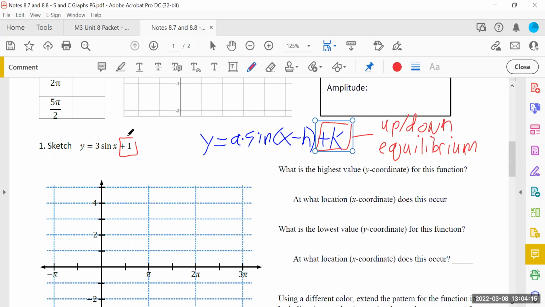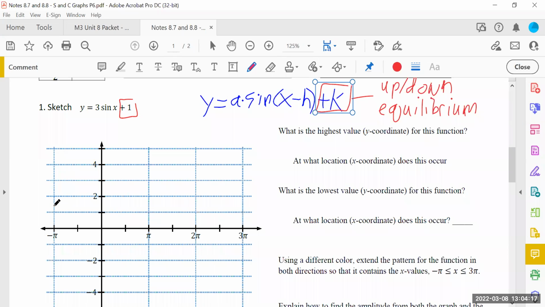So that means our equilibrium line is at 1. Here's our equilibrium line. We shifted the whole graph up 1, so the equilibrium isn't 0 anymore, it's now 1.